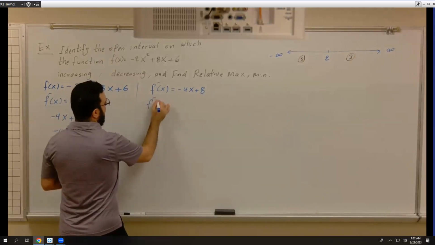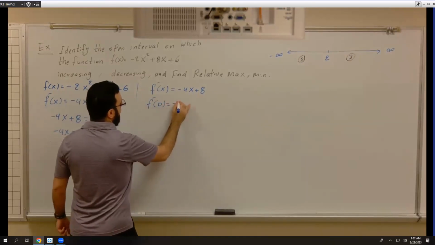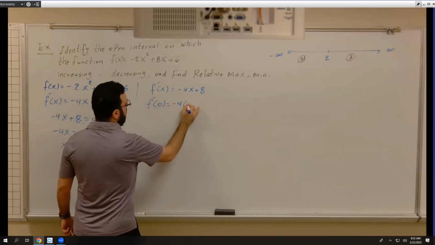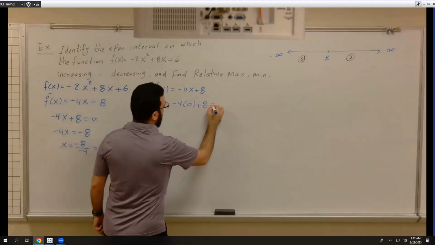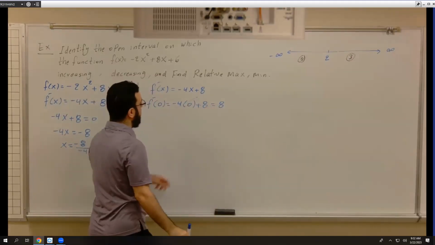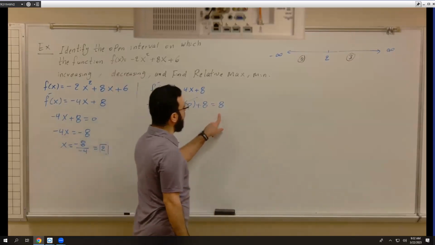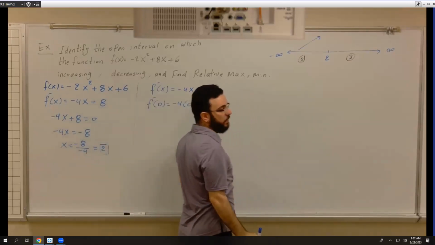So f prime of 0 is negative 4 times 0 plus 8, which equals 8. A positive number means the function here is increasing.